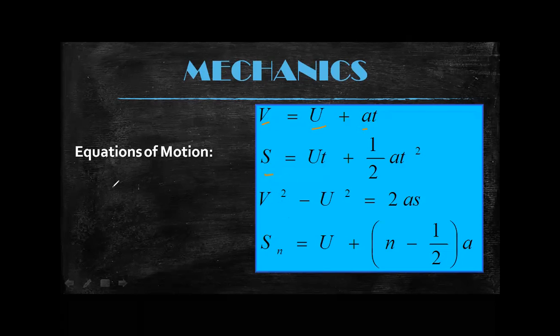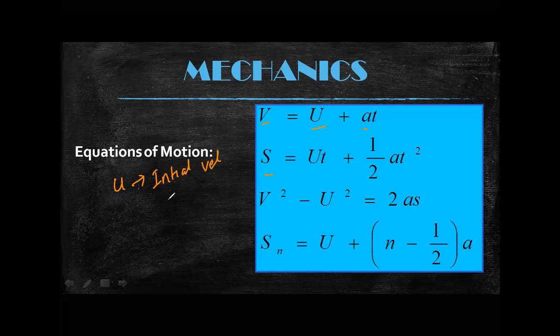When I say equation of motion, when an object is in motion, the first thing you need to know is whether the object started with an initial velocity. So U is the initial velocity.